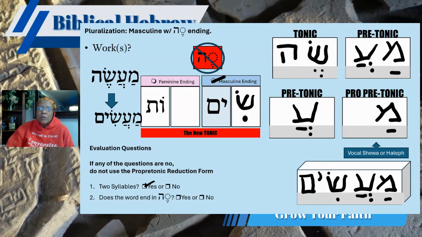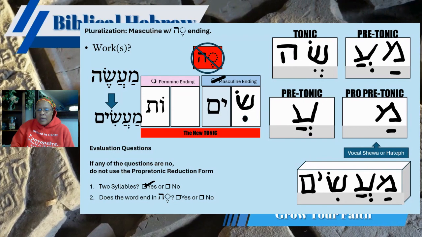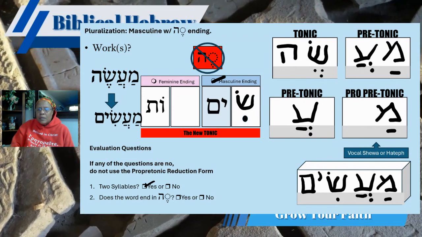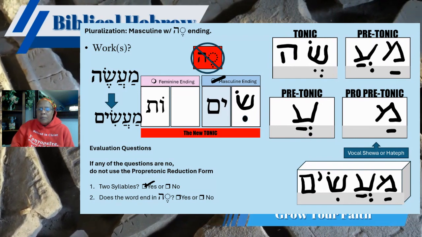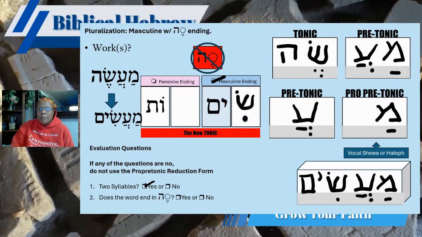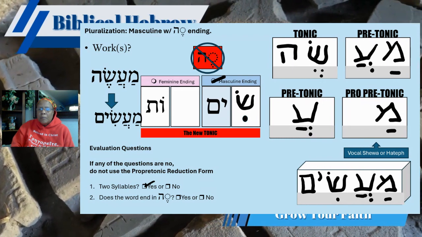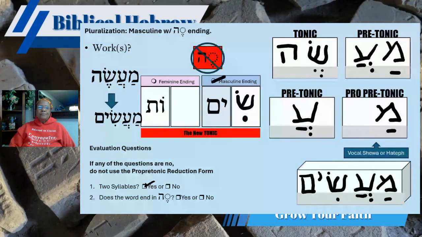That's all you're doing with this particular one here. Okay, with the Hetef Batak, and then Nim. Okay, and that is it.